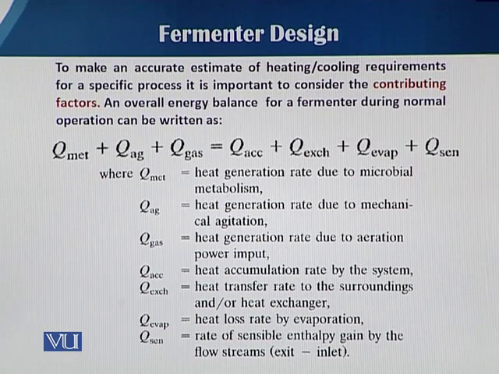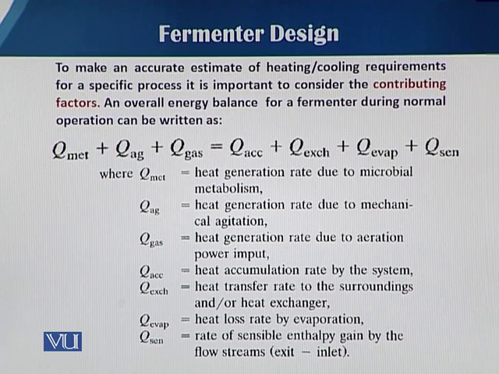On the other hand, Q accumulation is the heat accumulated by the system. And Q exchange is the net change, the actual difference between the addition and subtraction of heat of the system. Then Q evaporation: when there is evaporation, heat loss occurs.